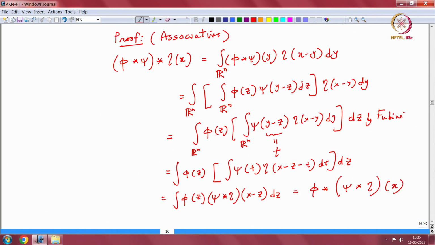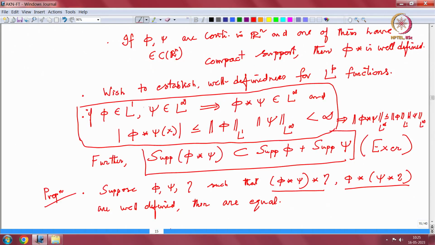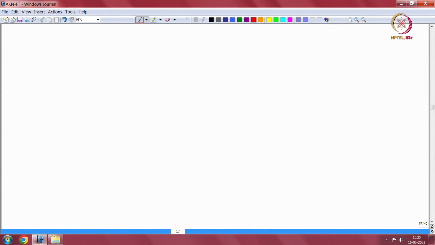Okay. So, now we will go to the next theorem. The previous theorem we proved for L1 and L infinity; now we are going to prove it for the general case. This I will try to give the proof of, but there are some more general theorems which I will only write.